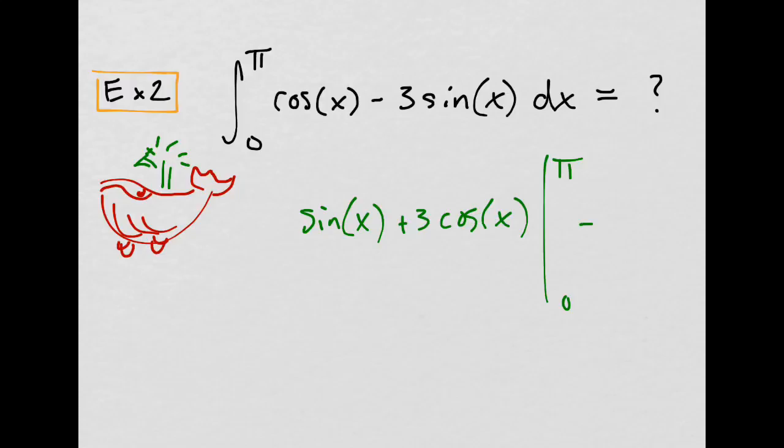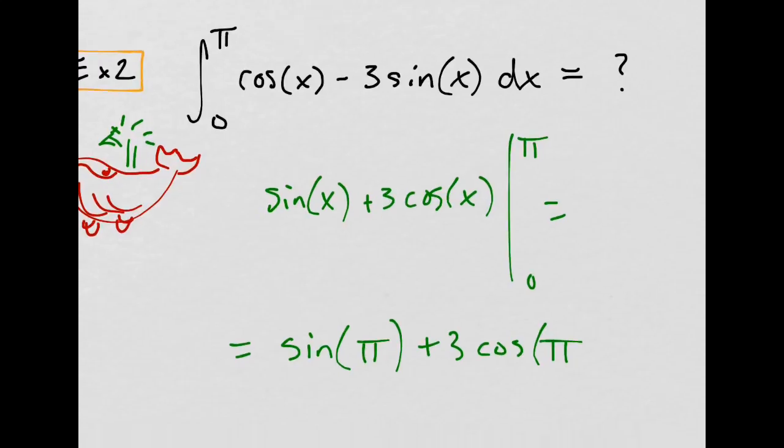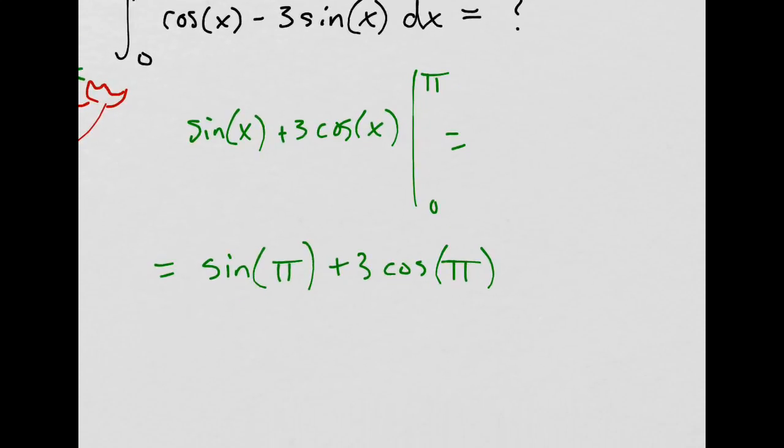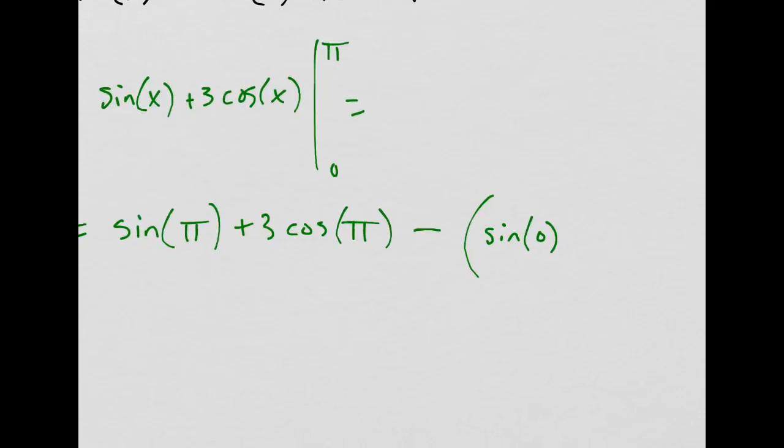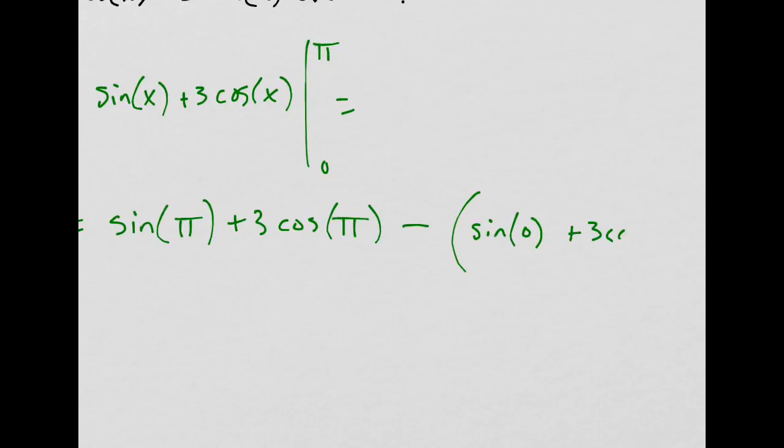Well, what is that? That is sine of pi, since you plug in the top one first, plus 3 cosine of pi. And so many people are going to mess up on this, but I'm subtracting, so I must put it in parentheses because there's more than one thing: sine of 0 plus 3 cosine of 0.